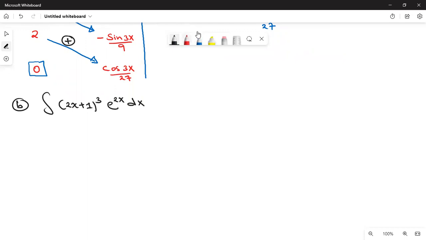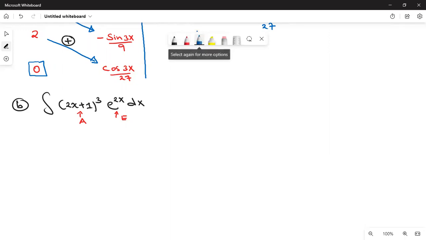Again, if you look at what we have here, this is algebraic, a polynomial of degree 3. And this is exponential. So automatically, if you look at the order, algebraic comes before exponential. So that is our u.